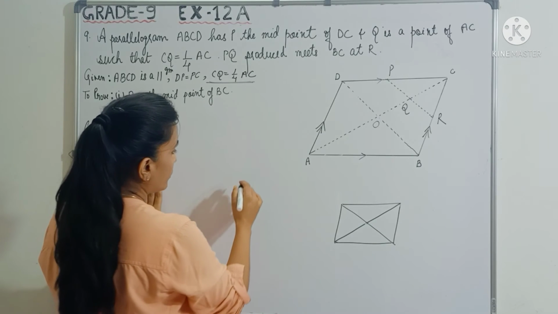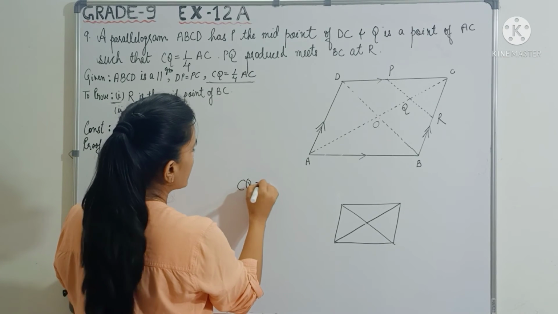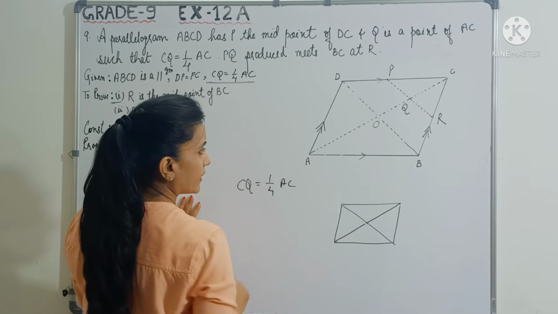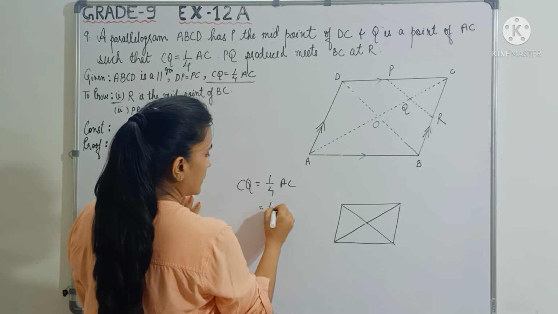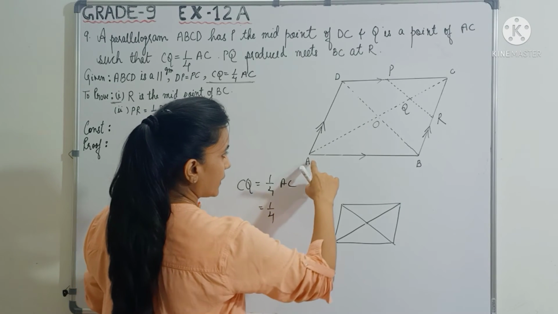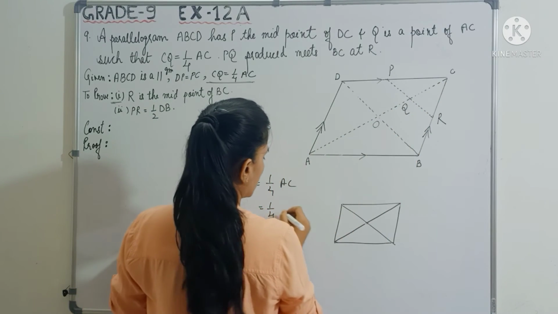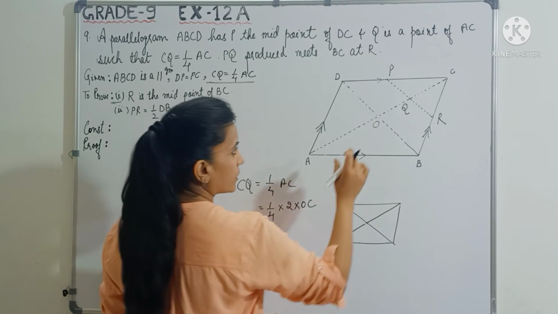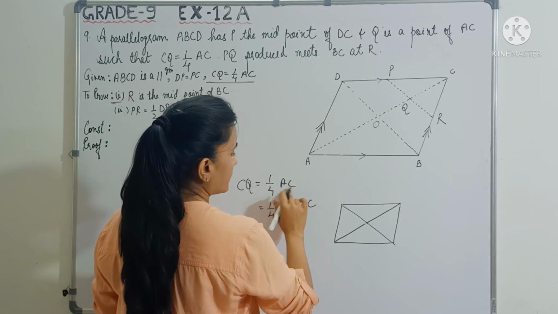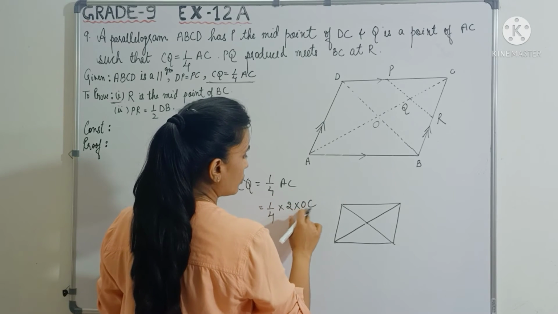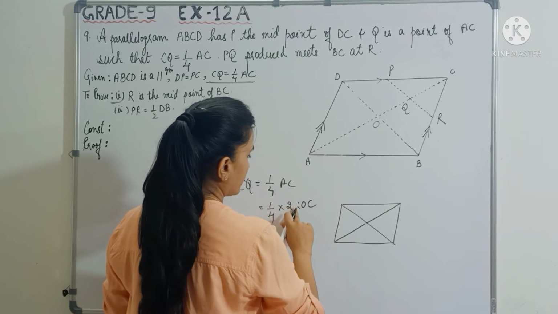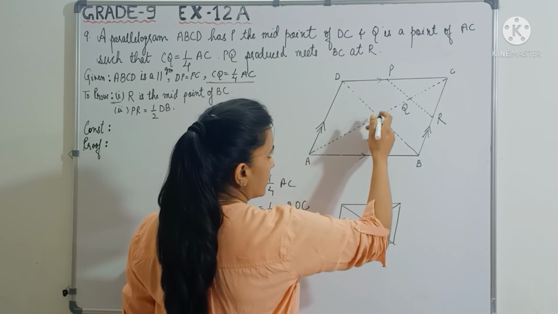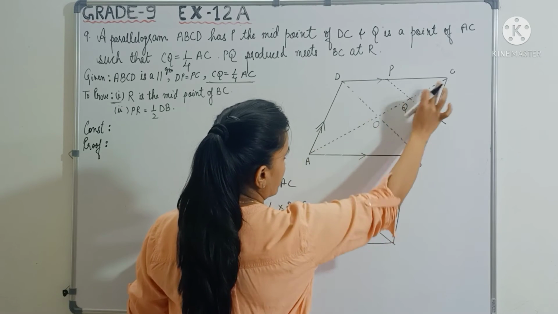So now I know that CQ is equal to 1/4 of AC, right? Now in place of AC, can I write down 2 multiplied by OC? Yes, 2 OC because O is the midpoint of AC, right?